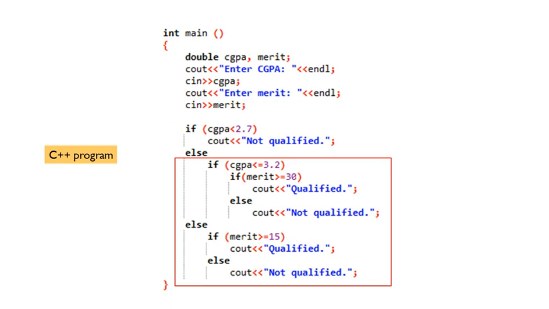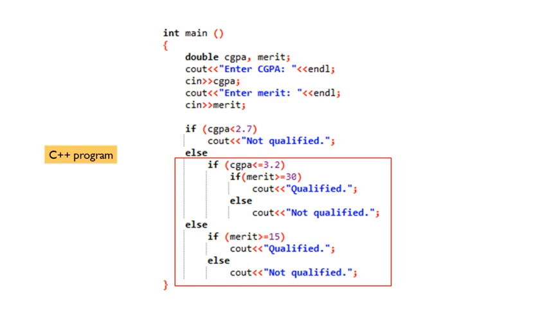So next, let me see the C++ program for the problem on determining the eligibility of student to join the MPP election.